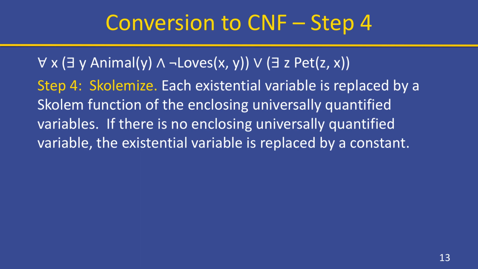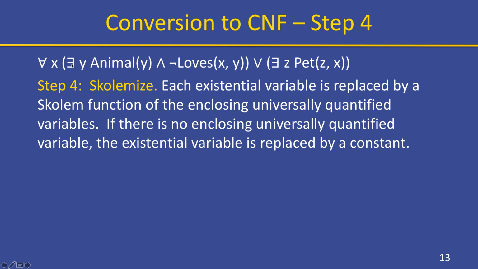Step 4, we need to Skolemize. So each existential variable must be replaced by a Skolem function of the enclosing universally quantified variable. So we have 2 existential variables here, y and z. We're going to replace them by functions of the enclosing universally quantified variables.